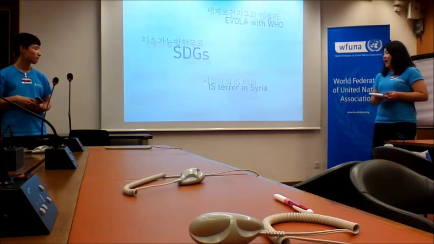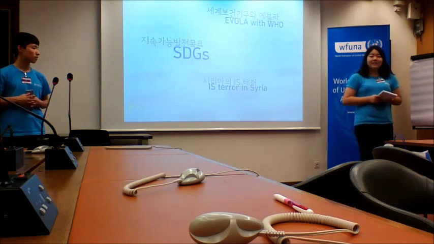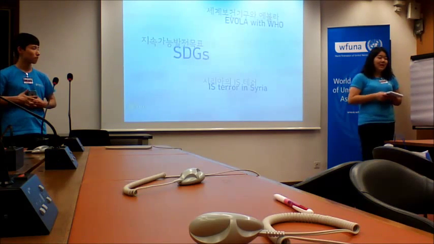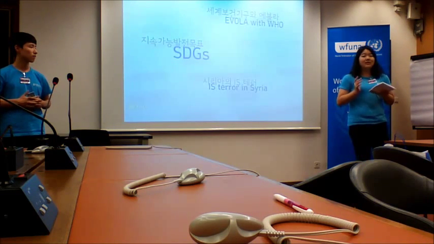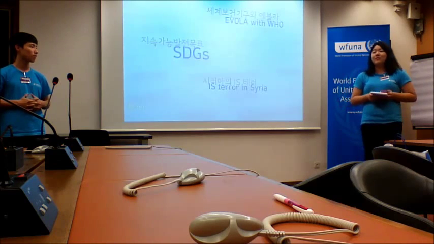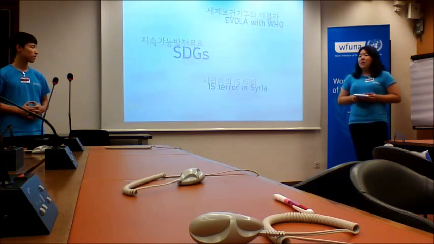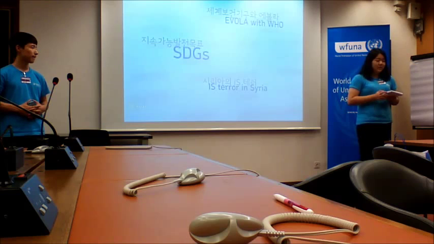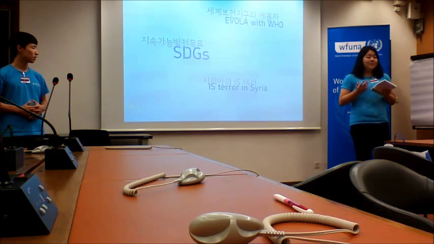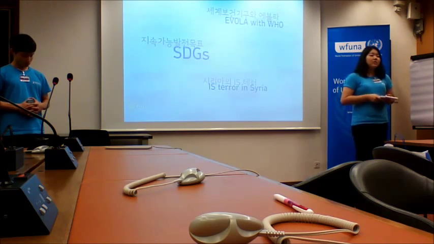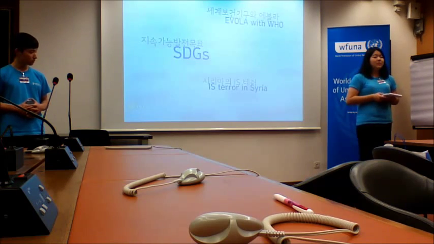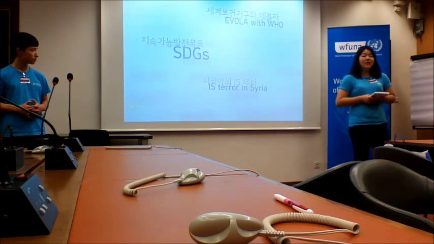And lastly, IS terror in Syria. IS, also known as the Islamic State, has serious and terrible terrorists in Syria. Because of this situation, the United Nations holds many conferences to provide solutions.